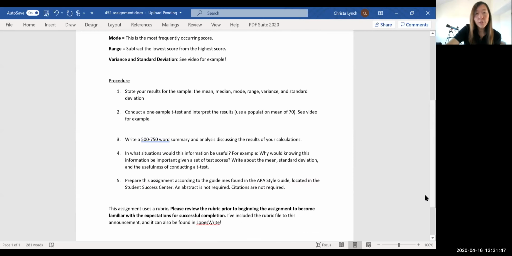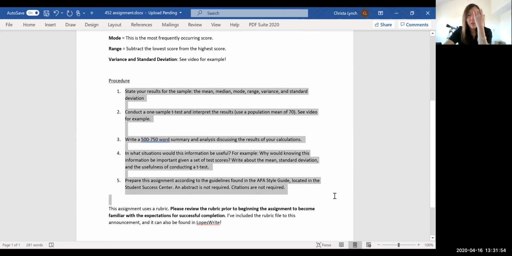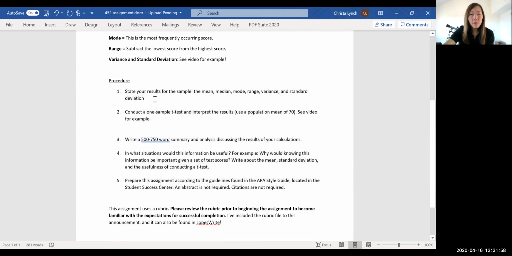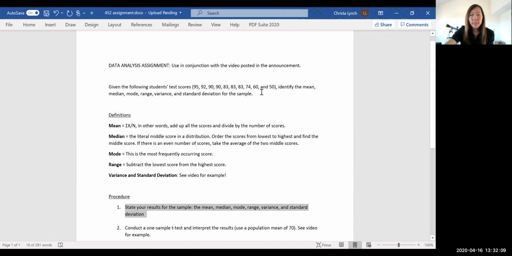Included also in the video is how you need to follow the procedure in order to be successful with this assignment. So you're going to do these things. You're going to state your results for the mean, median, mode, standard deviation and variance. That'll be the first thing you do. And again, you'll be using these data up here.